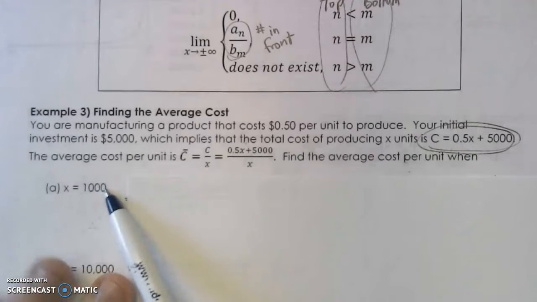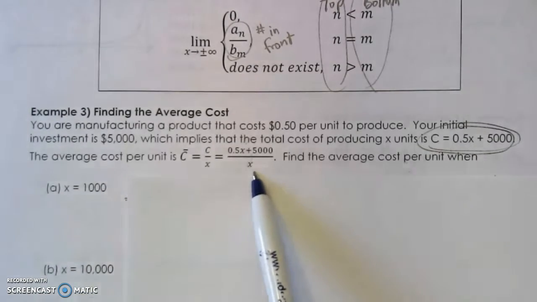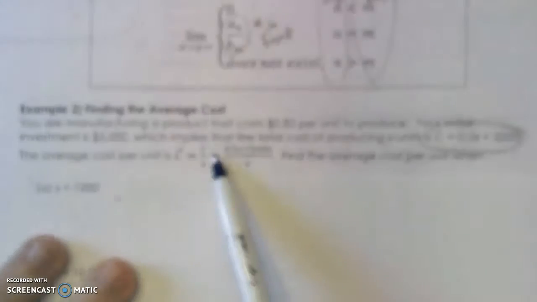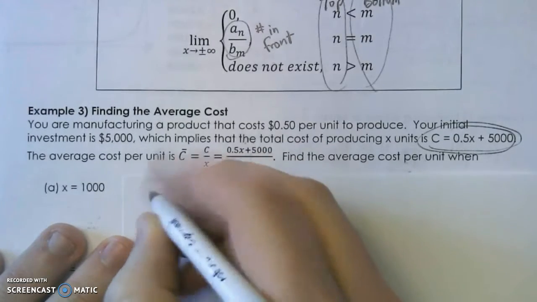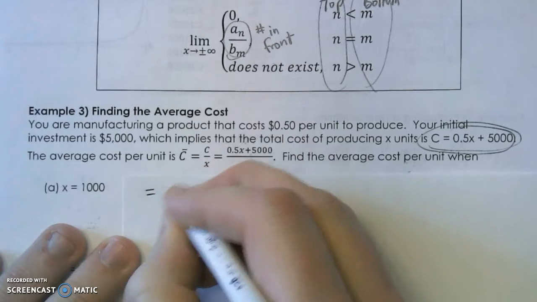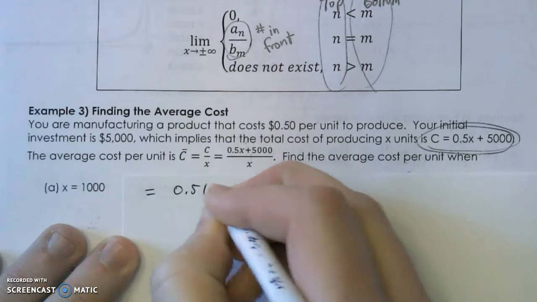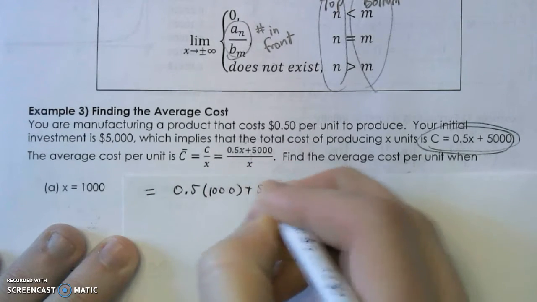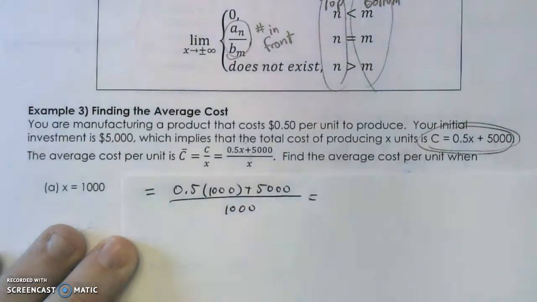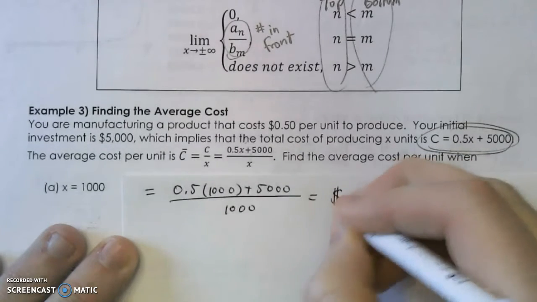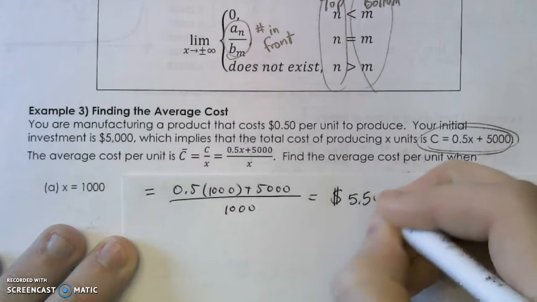So what we're going to do is plug in 1,000 and see what the average cost would be. So if x is 1,000, we're going to plug that in. And we end up getting $5.50.